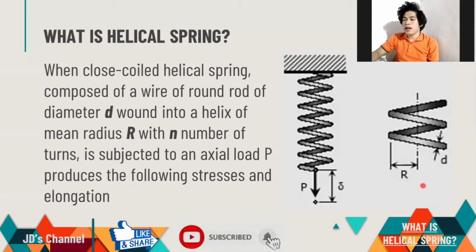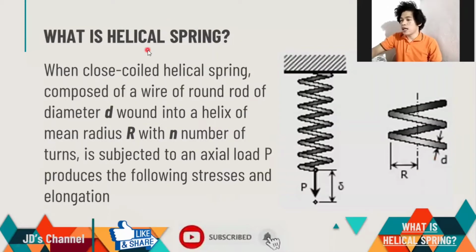So when a closed coiled helical spring composed of a wire of a round rod, so yun nga, yung ating helical spring, it's a wire of round rod of diameter D. So ito class, kung makikita nyo yung ating wire dito, we have the diameter D here. Okay? Ayan, ito yon.